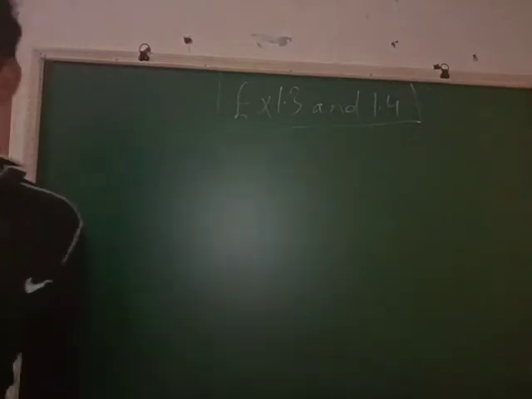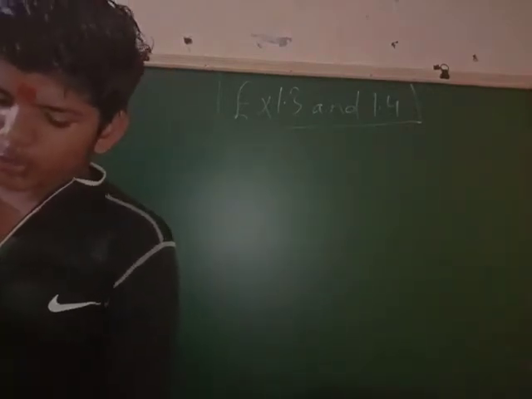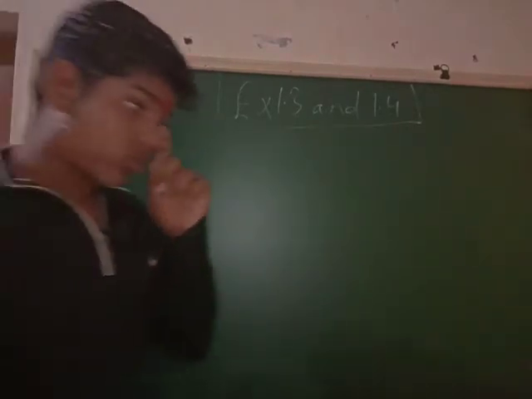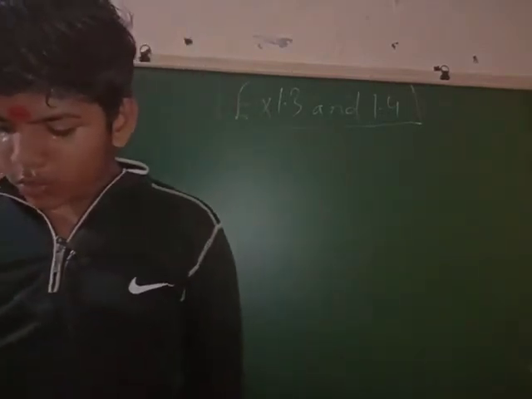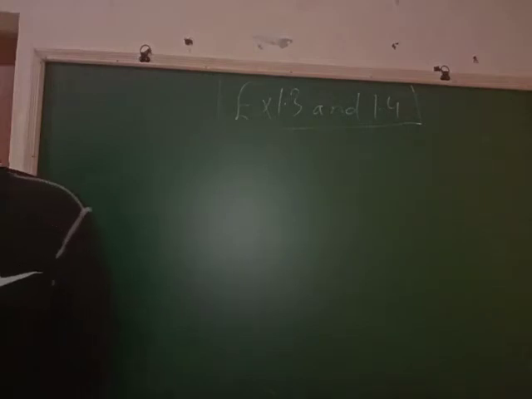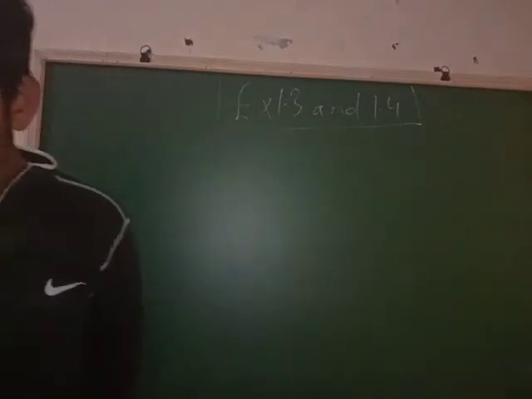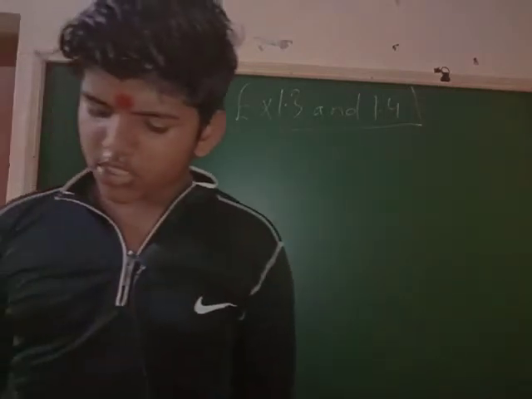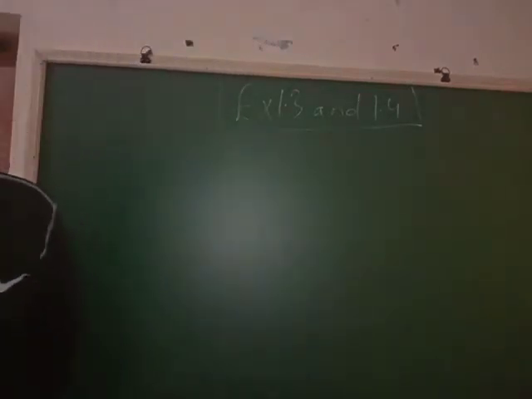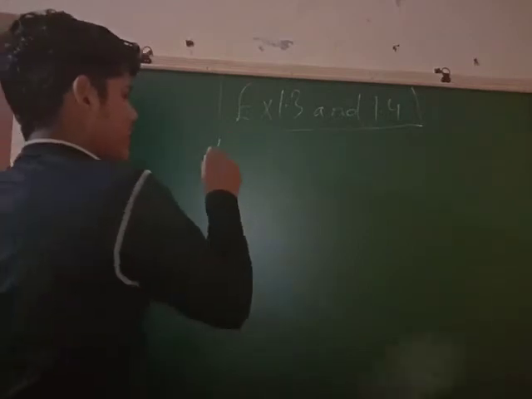Now we are moving towards exercise 1.4. The exercise 1.4 is telling, you can also see the question here. Without actually performing the long division, state whether the following rational number will have a terminating decimal expansion or non-terminating decimal expansion.